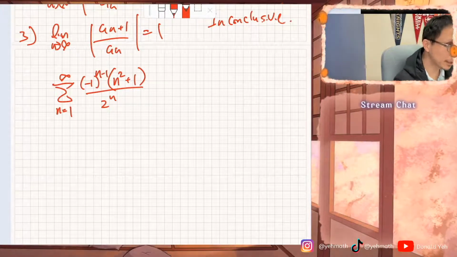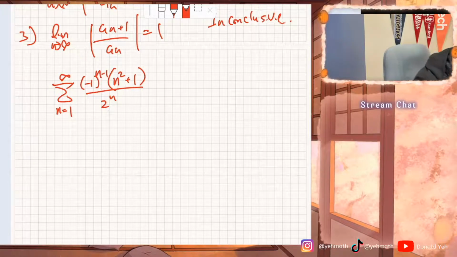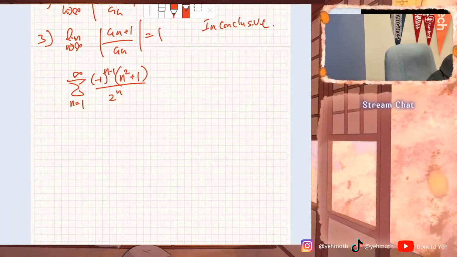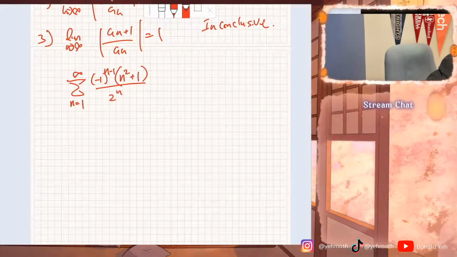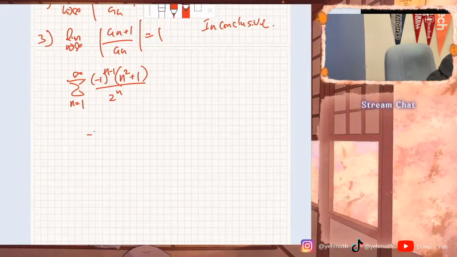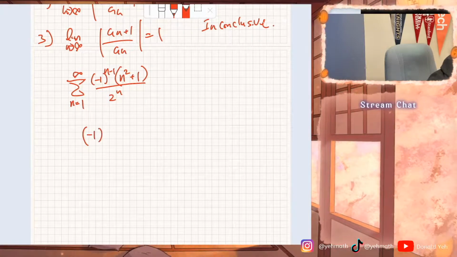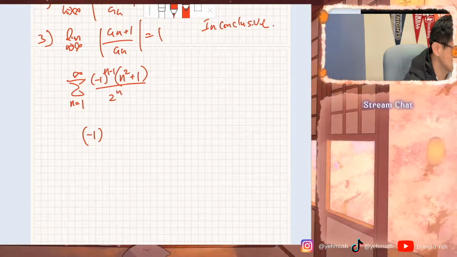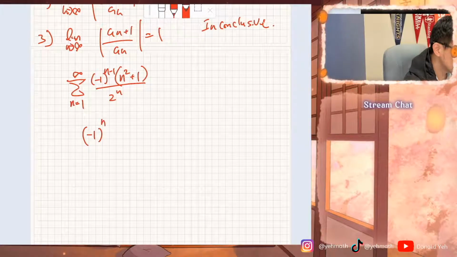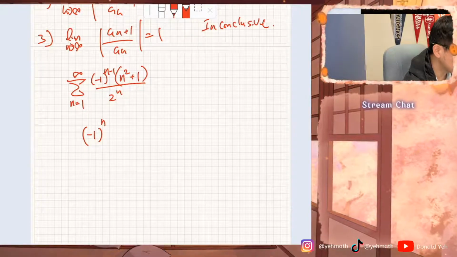Okay, so we're going to talk about that. What we're going to do is plug in a to the n plus 1. So it'll be -1 to the n plus 1 minus 1, which is going to be what? No, it'll be n.